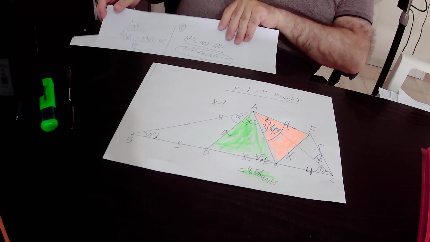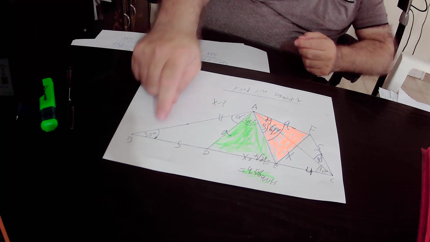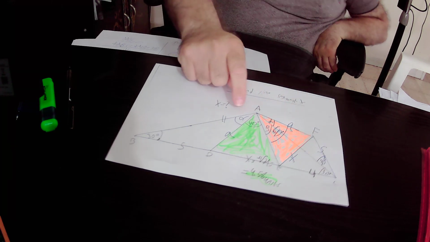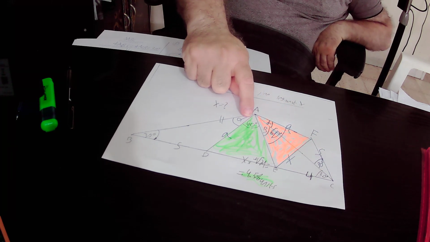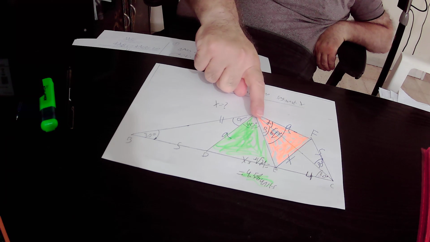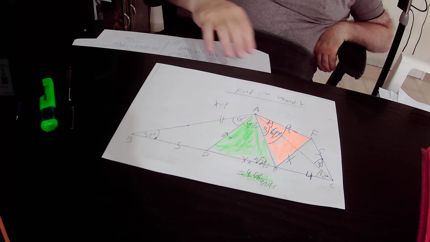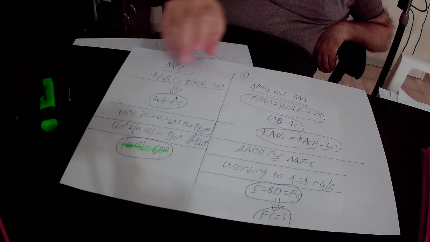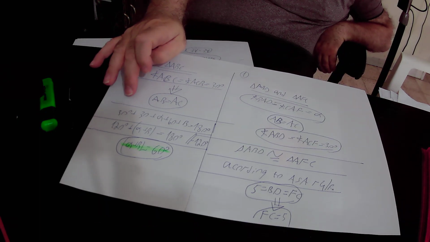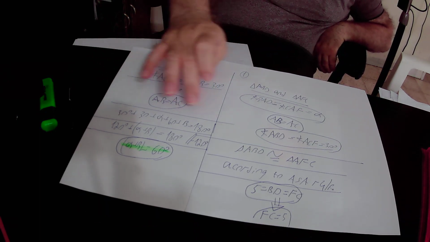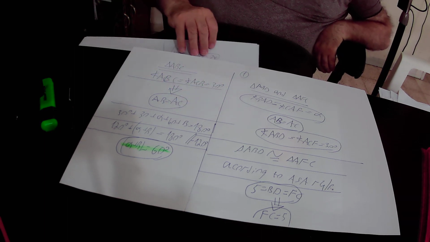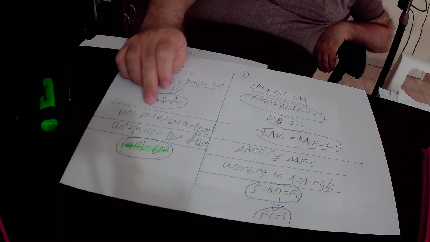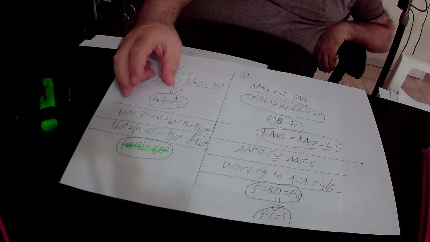So which angles we have in triangle ABC? We have this angle that is equal to 30 degrees, this angle also equals 30 degrees, this angle equals alpha, this angle equals 60 degrees, and this angle equals beta. So the sum of all those angles must be equal to 180 degrees. Here 30 degrees plus 30 degrees is 60 degrees, and 60 degrees plus 60 degrees is 120 degrees.